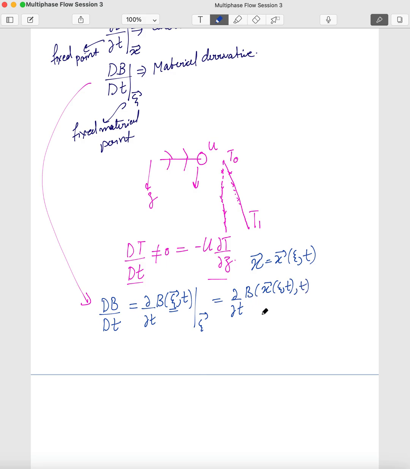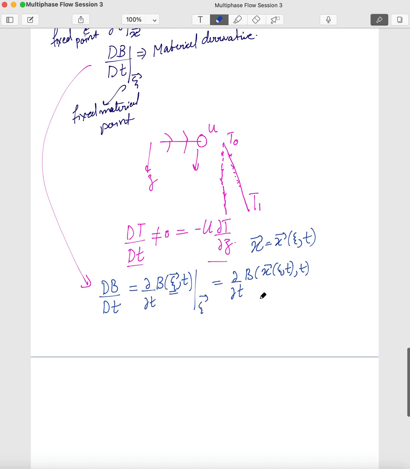Okay, so let's say we have three coordinates x1, x2, x3.